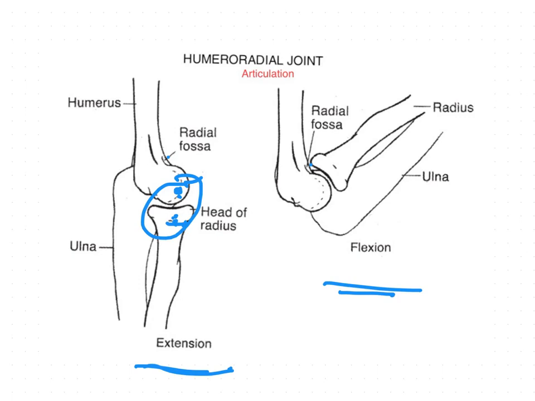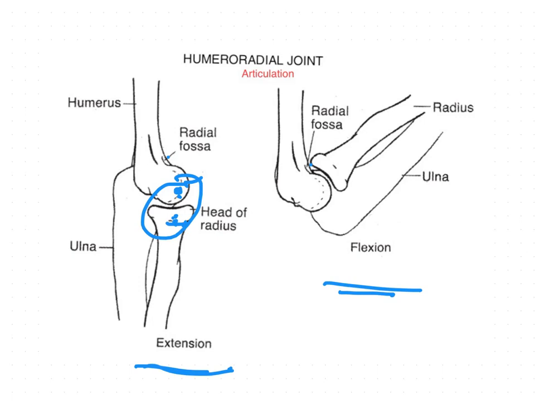During full extension, there is no contact between the capitulum and the radius. And these are all about the structure of the elbow joint, which includes the humero-ulnar and humero-radial joints.